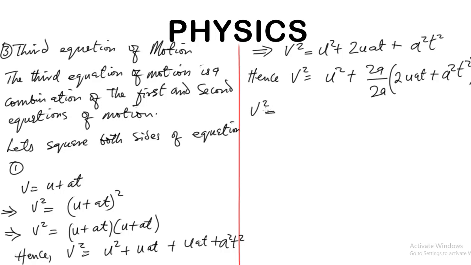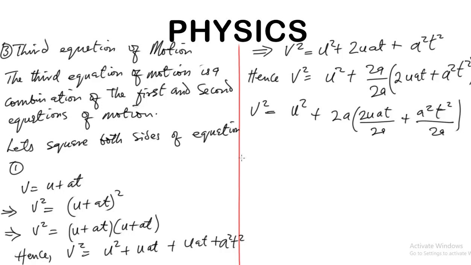Now we start to factorize out. We have that v squared is equal to u squared plus 2a bracket 2uat all over 2a plus a squared t squared all over 2a.